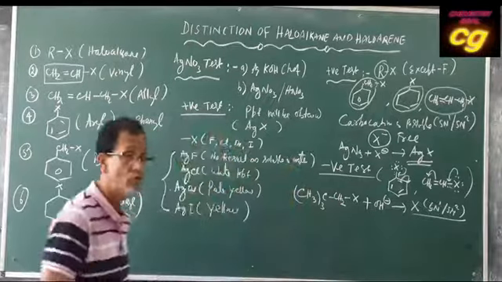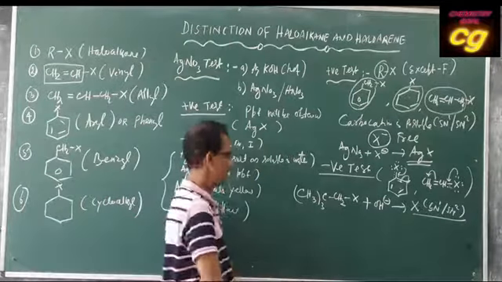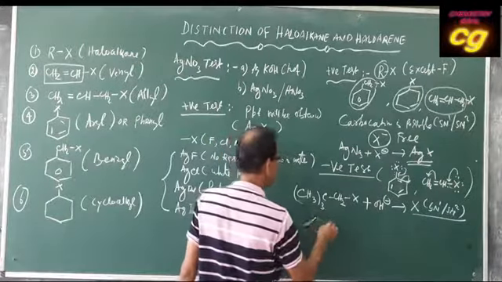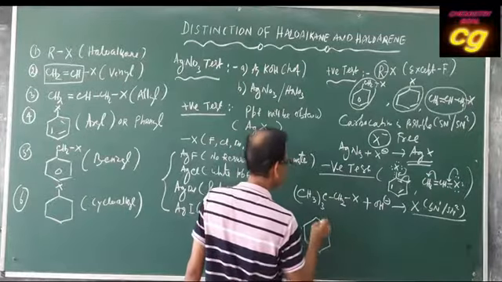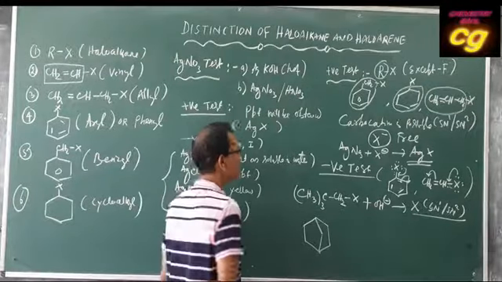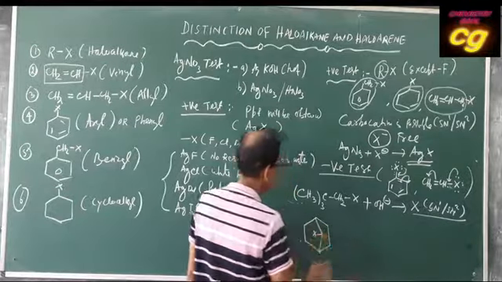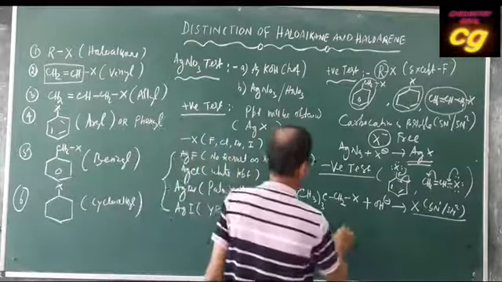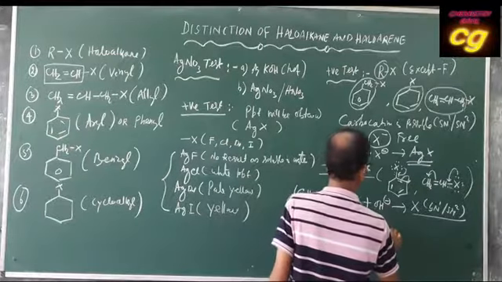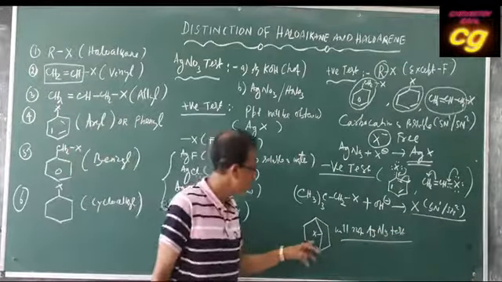What are the other groups which will not give the silver nitrate test? If the compound is a bicyclo compound, if the group is like this, and if one halogen is present here, then this type of compound will not give the test, because it will not give SN1 or SN2 mechanism, because this group is bulky.